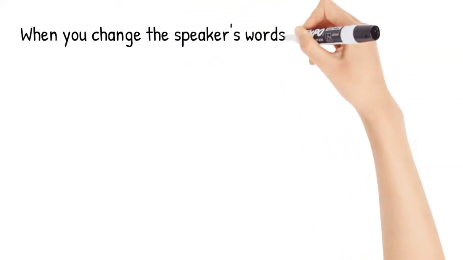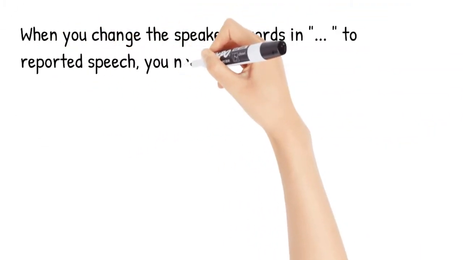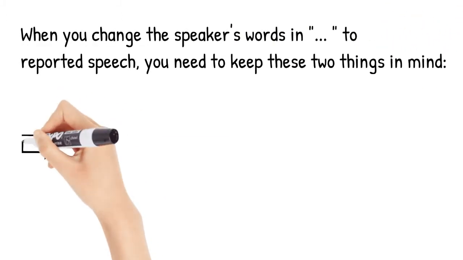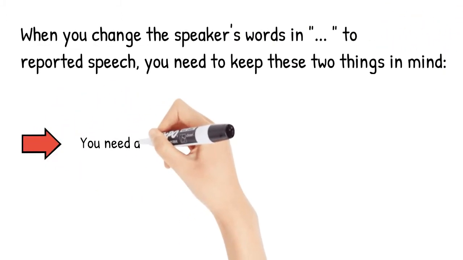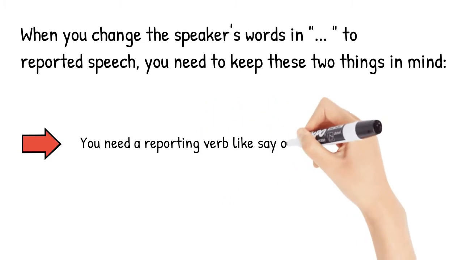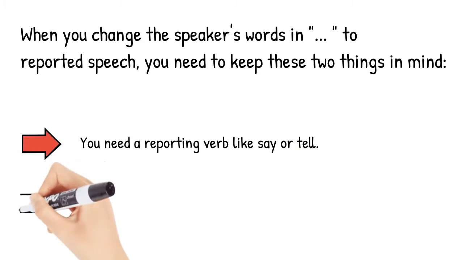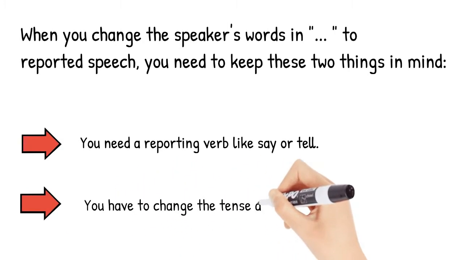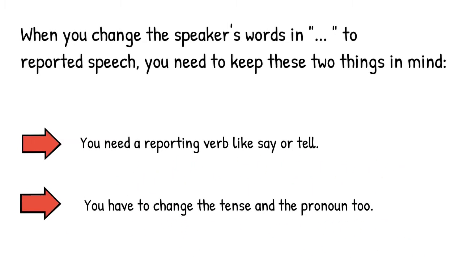When you change the speaker's words in quotes to reported speech, you need to keep these 2 things in mind. The first thing is that you need a reporting verb, like say or tell. I'll introduce other reporting verbs in a few moments. The second thing, you have to change the tense and the pronoun too.